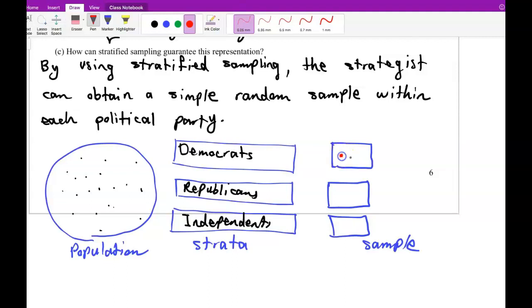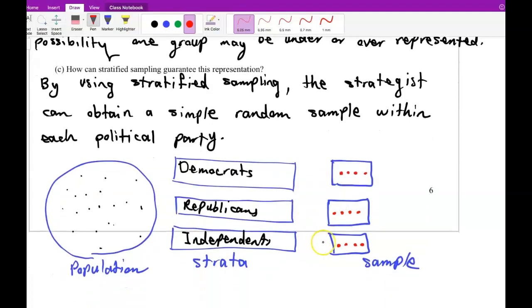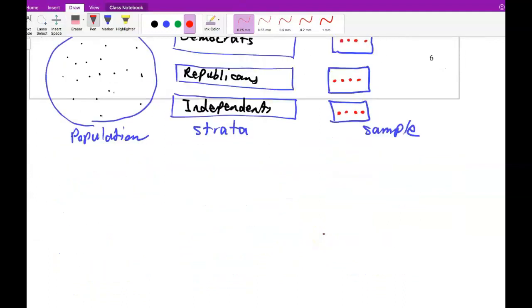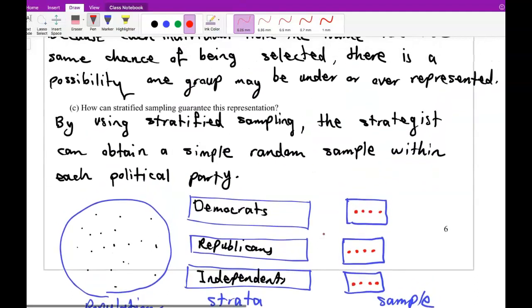Let's say I'm choosing 1, 2, 3, 4. 1, 2, 3, 4. Same thing for this one. That's why using this method we can guarantee this representation. Okay, we finished this part.